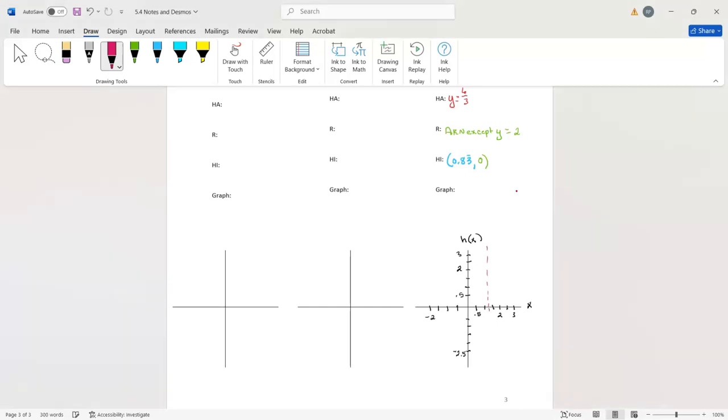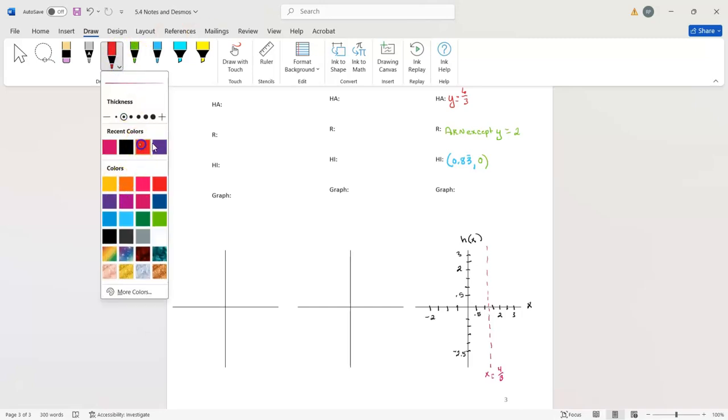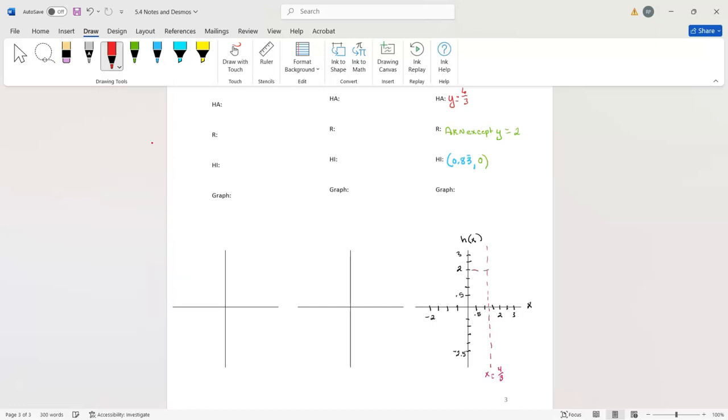And we need to label these so we know exactly where they're at. So x equals 4/3. And then our horizontal asymptote is y equals 2. So there's our horizontal asymptote. We get y equals 2.